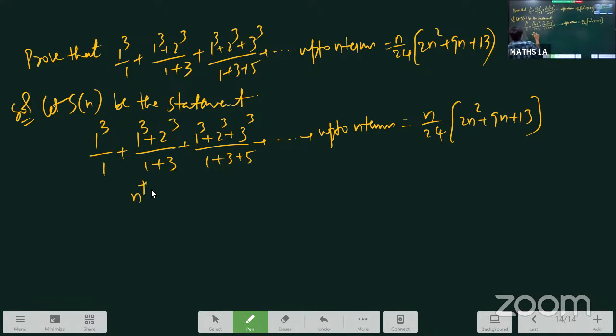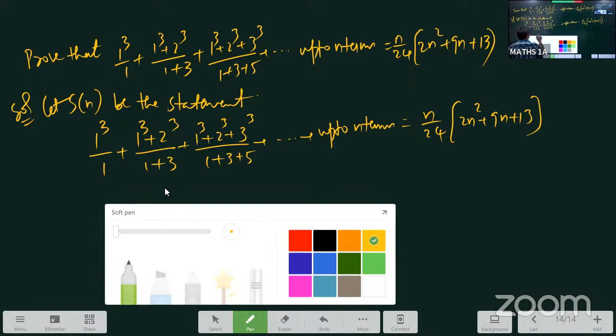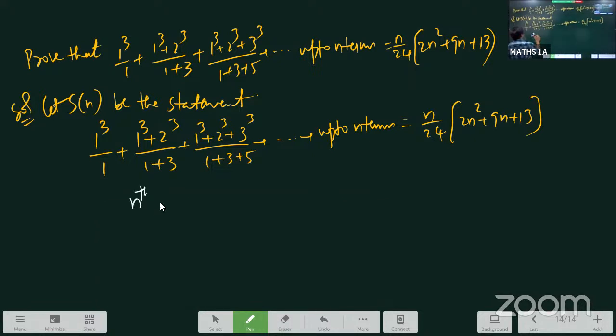Here your nth term will be, listen, 1 cube plus 2 cube. See, first term 1 cube by 1. Second means 1 cube plus 2 cube. Third means 1 cube plus 2 cube plus 3 cube.